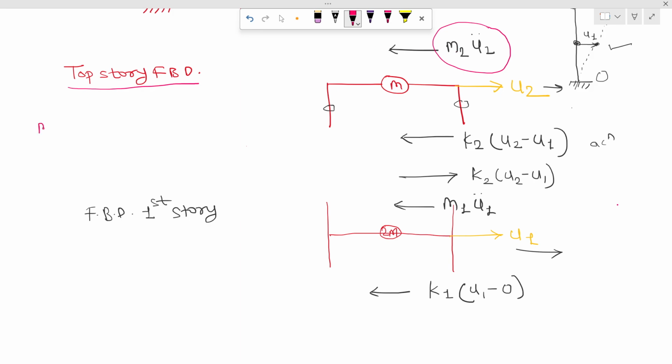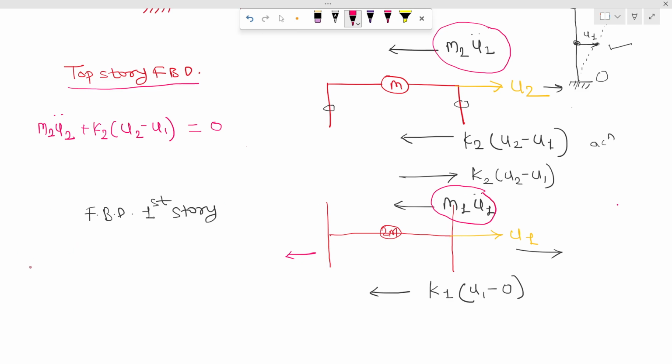So M2 U2 double dot, plus K2 into U2 minus U1, and then there is nothing else, so equal to 0. And for the first story free body diagram, M1 U1 double dot, it is going to the left, so we'll consider positive.